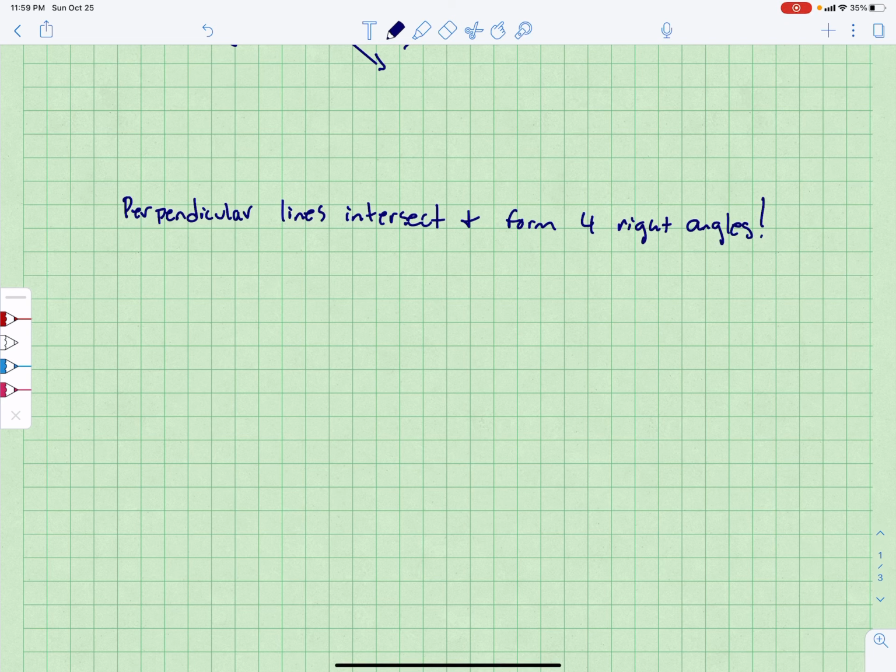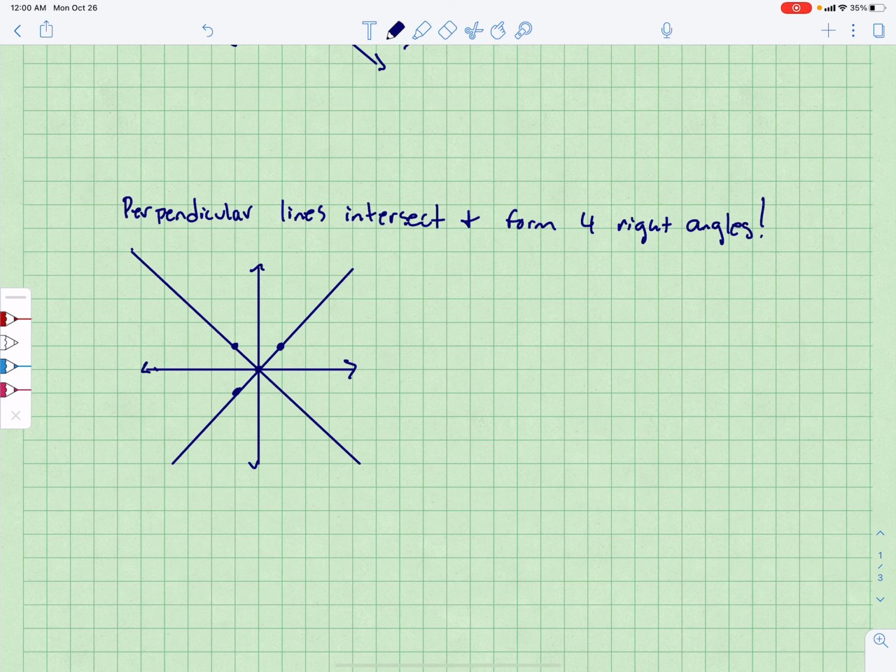So, for example, if I were to draw out what that looks like on a graph, we would have something similar to this right here. This would be an example of perpendicular lines.